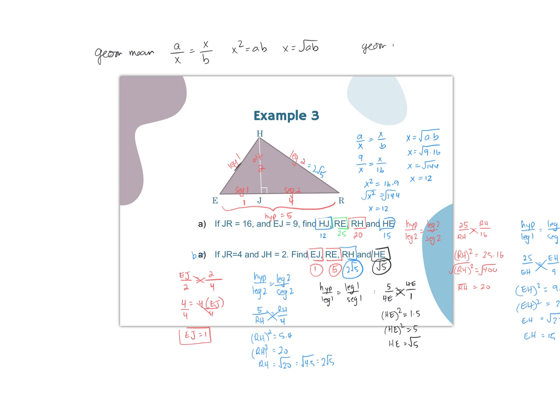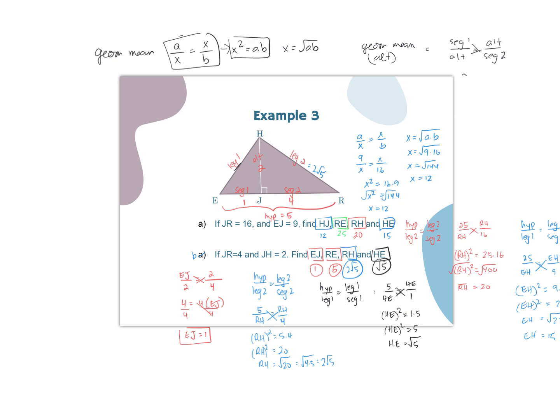If I want to do geometric mean with an altitude question, I know again that my A is going to be segment 1 over my altitude equals my altitude over segment 2. Just doing the same skills here, if I go from here to here, I'm just multiplying it.